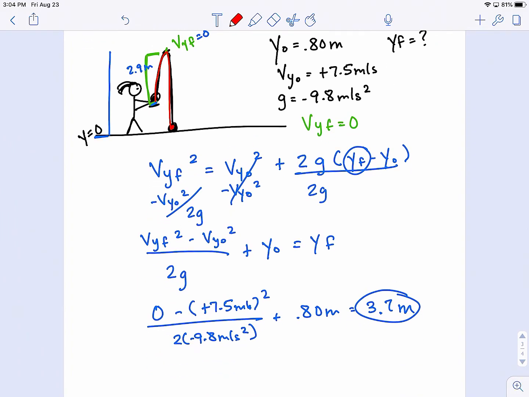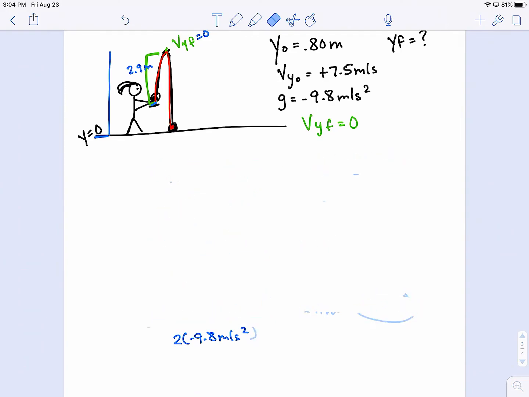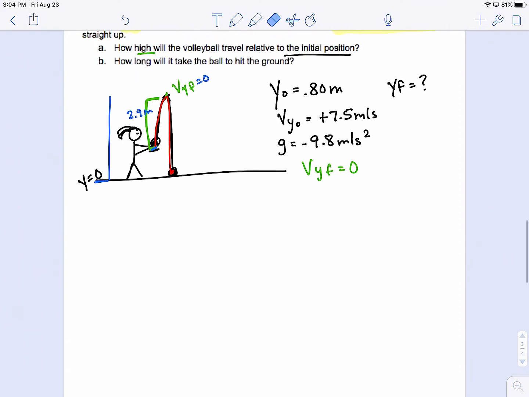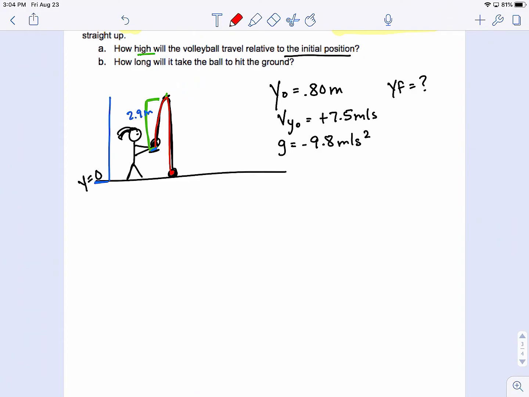Okay, I'm going to actually erase this because things have changed. Now the final velocity is not 0, because we're going to go all the way from the start to where it hits the ground. So the final vertical velocity is going to be something bigger in magnitude than the 7.5 meters per second. We still know the initial position.